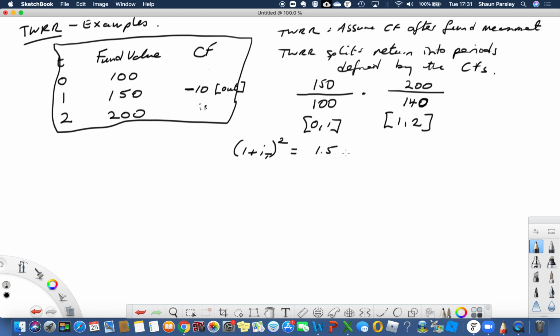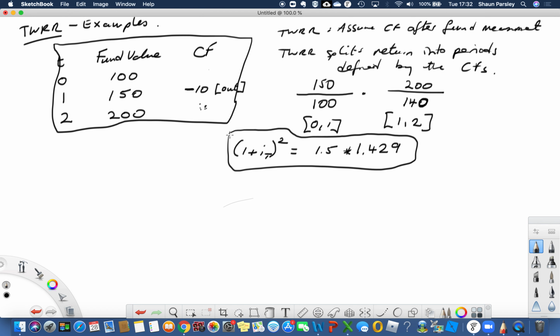So 150 divided by 100, multiplied by 200 divided by 140. That gives 1.429. Probably should have known that off the top of my head.